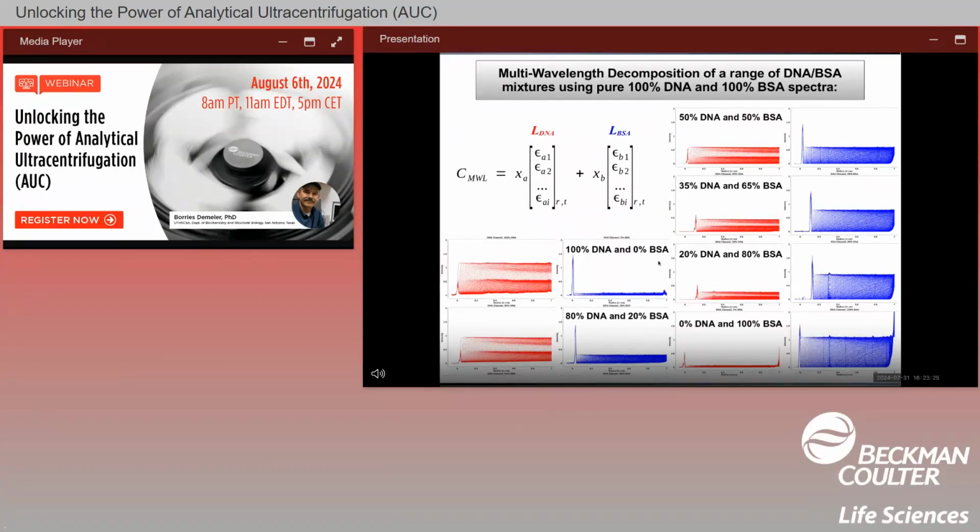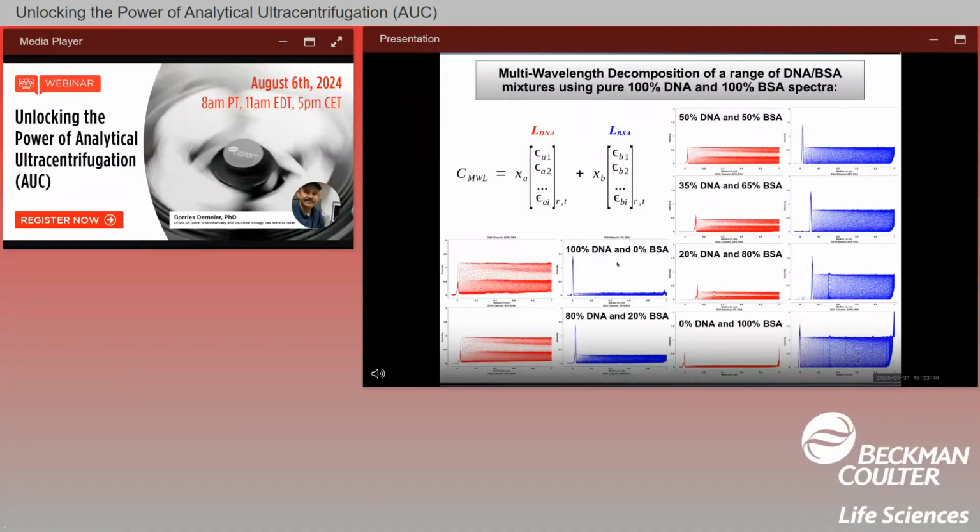So if you don't have any protein present and everything is DNA, all your signal shows up over here, in this case a restriction digest of DNA. If, on the other hand, everything is protein, the picture would look like this. All of the protein shows up over here, and there's no absorbance for the DNA. And then, of course, you get everything in between.